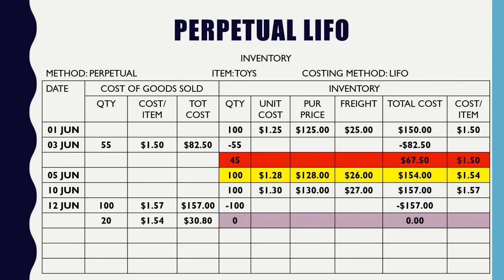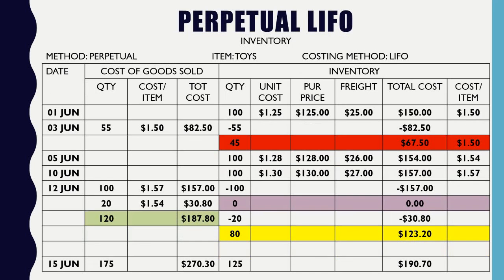And then I'm going to calculate my yellow batch, and I'm going to eliminate 20 items from my yellow batch to update it. Now I only have 80 left remaining in my yellow batch. All right. And now that we calculated the totals here for our cost of goods sold, we're also going to calculate our totals here. So here, 80 plus 45 gives me a remaining of 125.